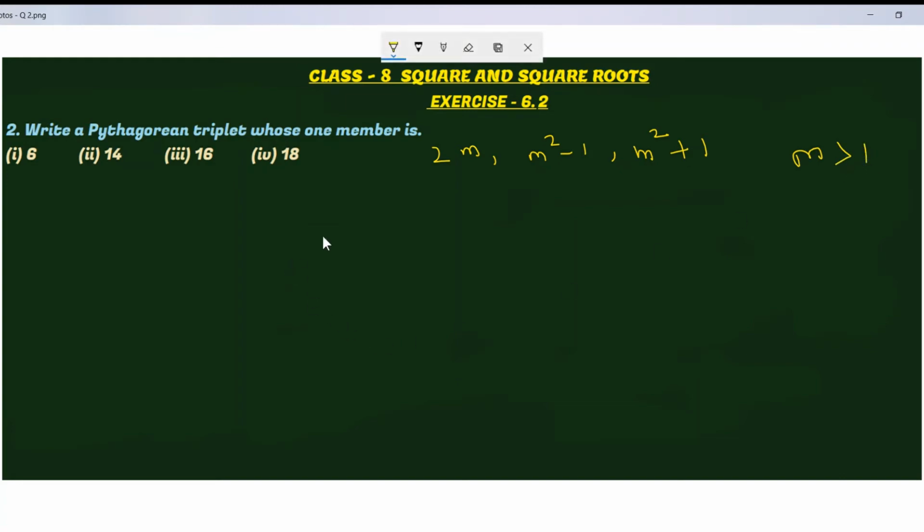Here they have given that one number of the triplet is 6, so you can take any one as 6. You can take m square minus 1 as 6, or m square plus 1 as 6, and according to that your triplet will be different. Now we will take 2m as 6.